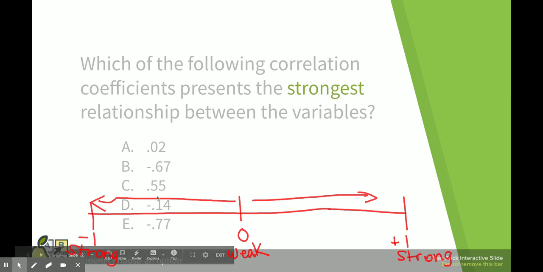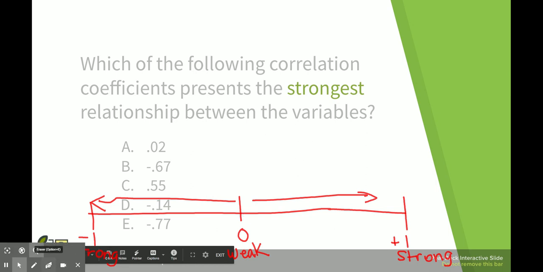It's closer than, say, 0.55 is only maybe here. Okay, 0.77 is more closer to either the -1 or the +1. If we change the question and said which one presents the weakest relationship, okay, the correct answer would be A, because it's closest to 0.